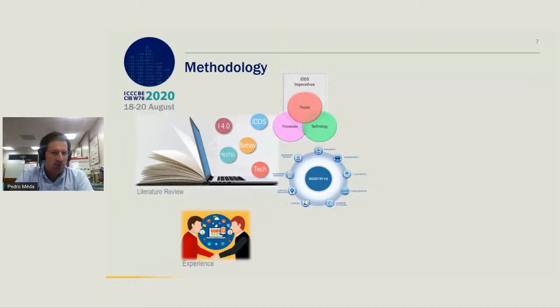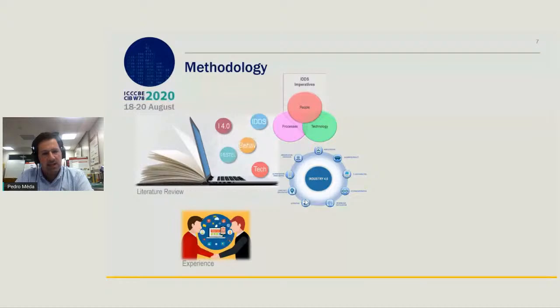So the methodology to do this research work took a basis on the literature review that we approached with the Price Waterhouse Industry 4.0 document and the IDDS imperatives, as well as previous experiences.